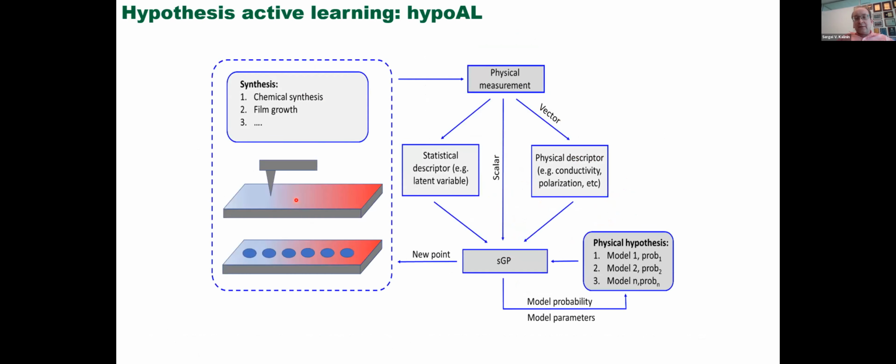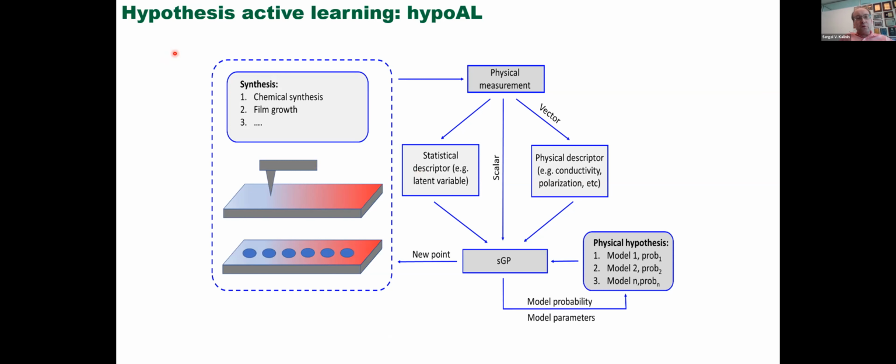It turns out that this approach works remarkably well. There are multiple papers from Maxim Ziatdinov, myself, and our collaborators where you can read about it. But the interesting thing is that this approach can be expanded even to the situation where we have more than one potential physical model.